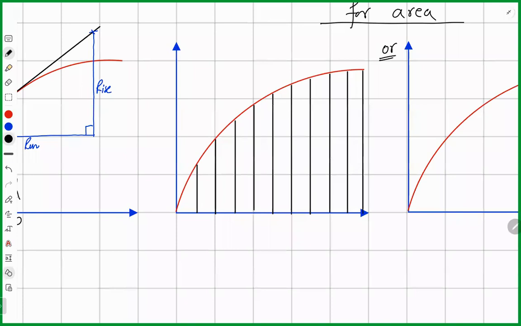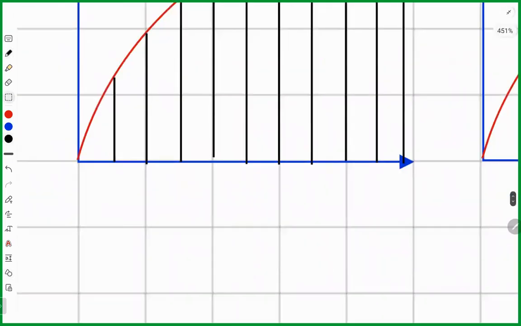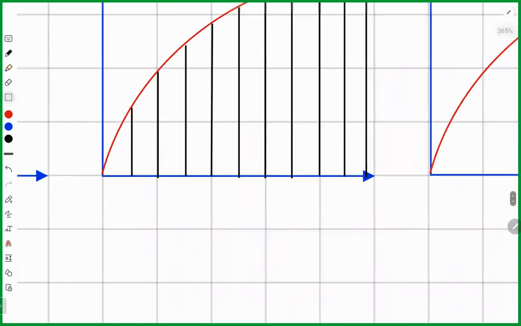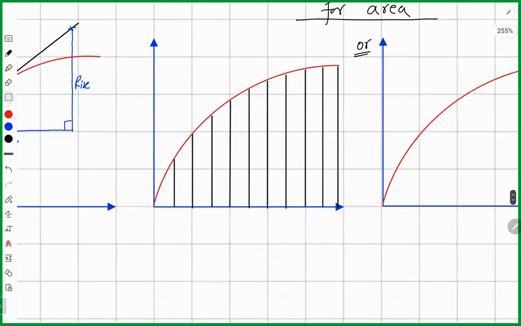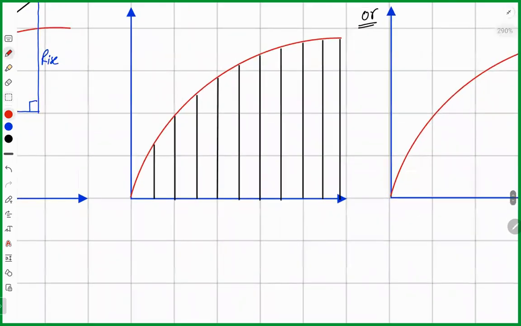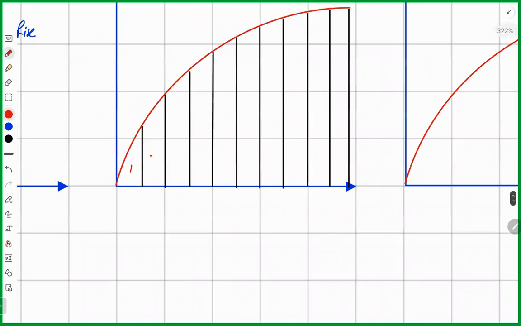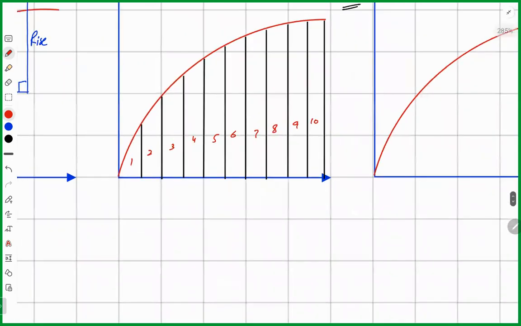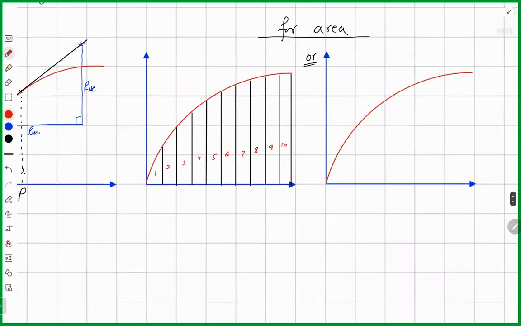Okay, we can divide the whole thing into equal size trapeziums, and then we can find their areas. And then we add all the areas to find the total area.